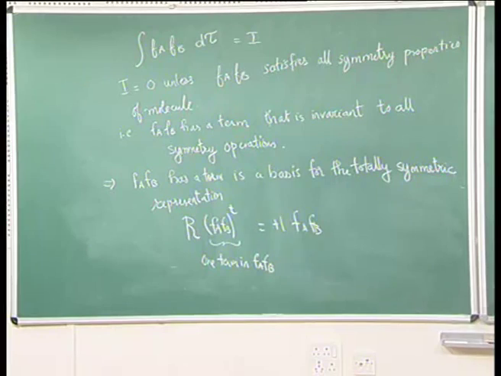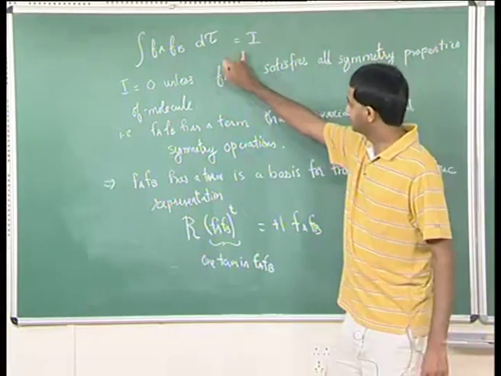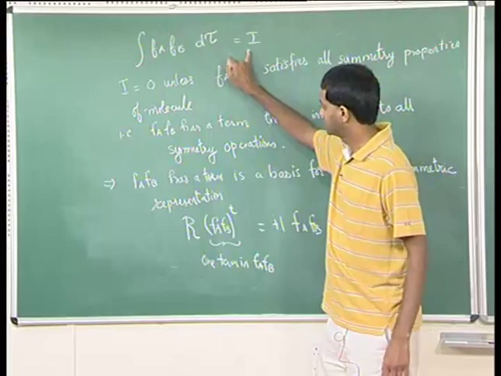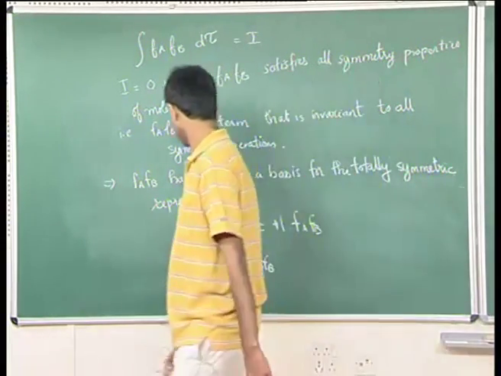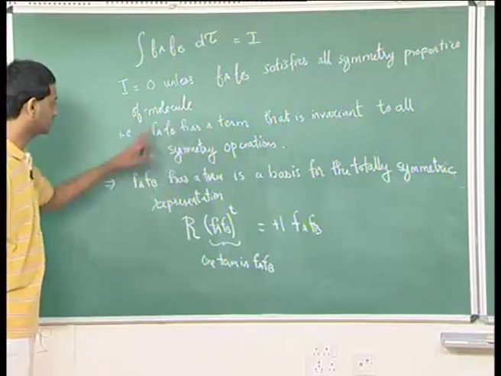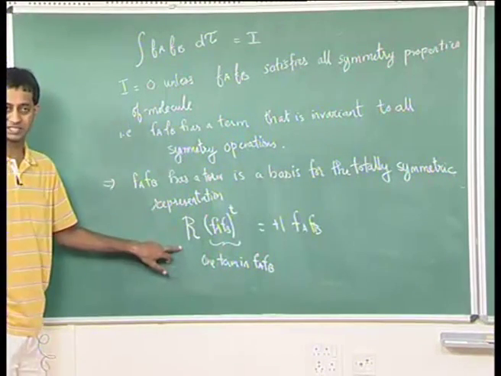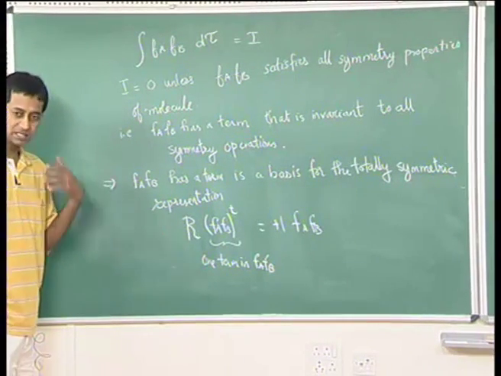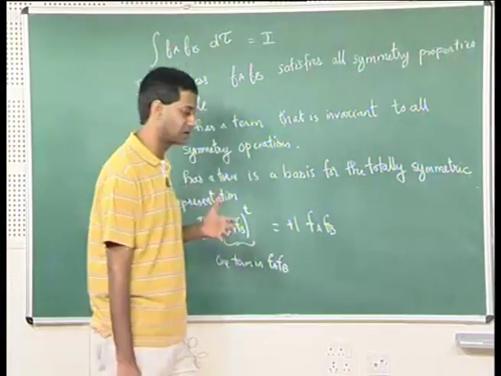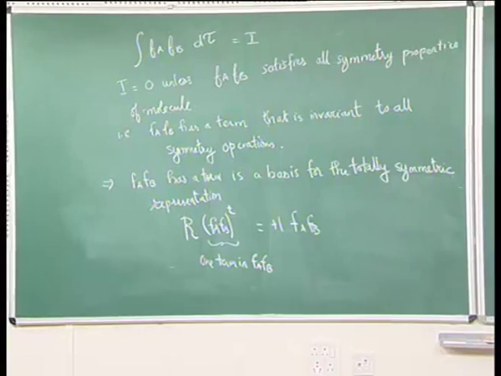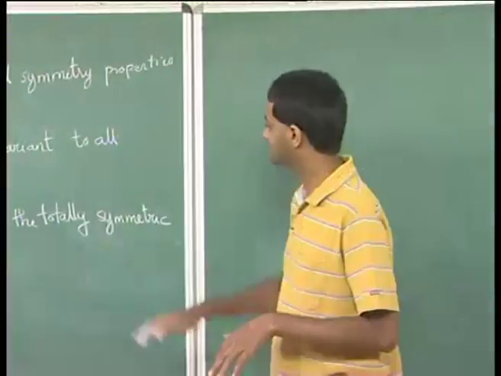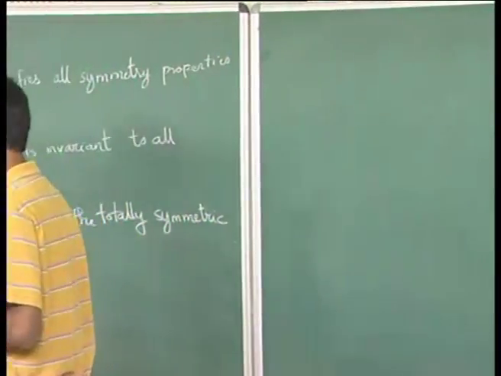So what we have is that if this integrand is not 0, then it has to be a basis for the totally symmetric representation. And this is the property that we will exploit a lot. So unless f_a f_b is a basis for the totally symmetric representation, this integral of f_a f_b d tau will be 0.